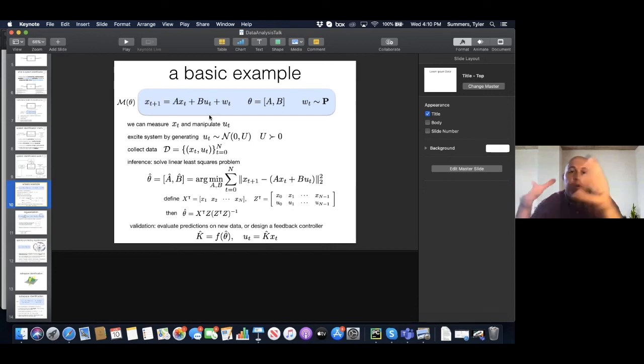Once you've trained the model on some set of data, you can look at a new data set, or even do a new experiment with a different input, and see how the prediction of your model for what the state does matches up with data from the new experiment.